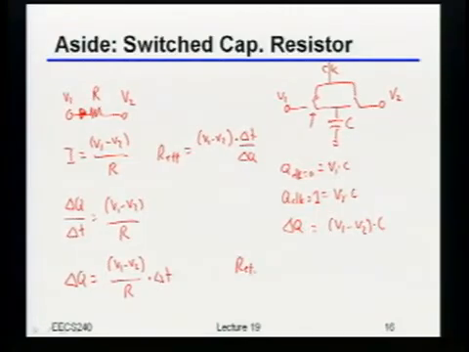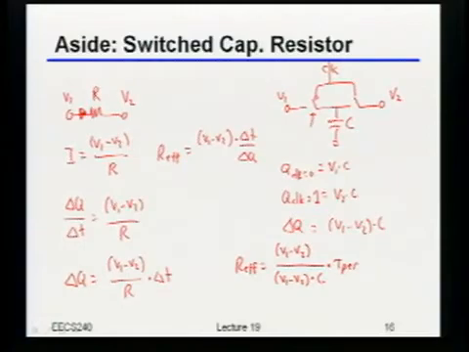So in other words, the effective resistance is V1 minus V2 divided by the change in charge, which of course is just V1 minus V2 times C. And so now the only thing left for me to know is how much time I did this over. So how much time did I do this over? Period. Yeah, 1 clock period, right?